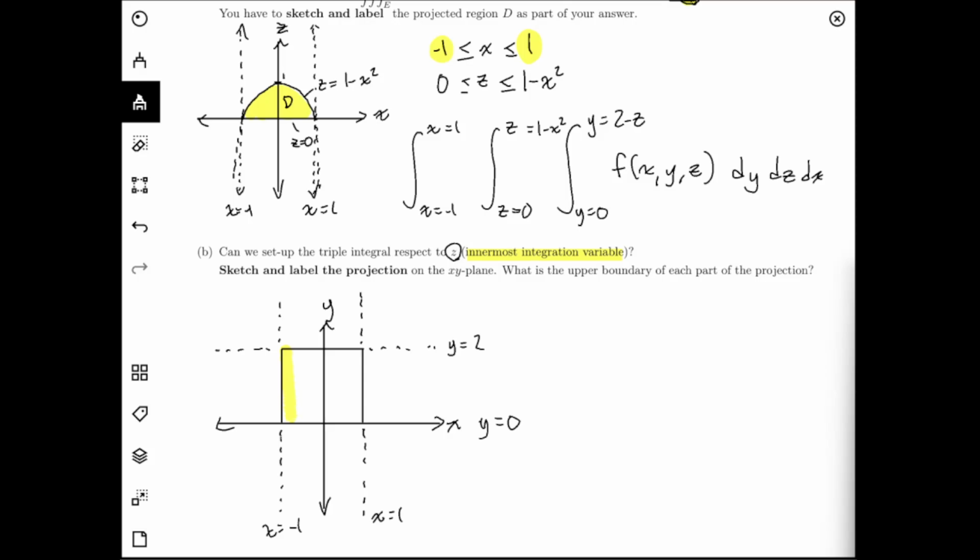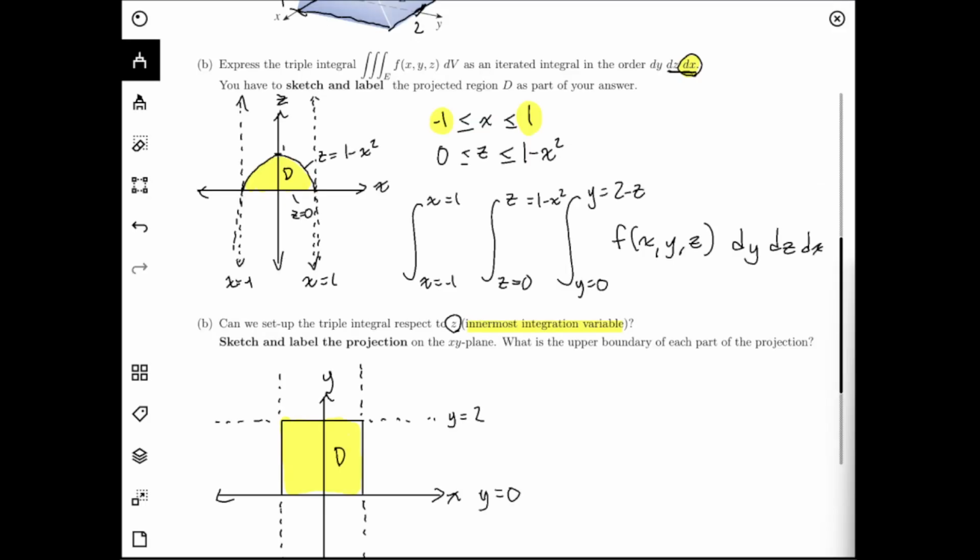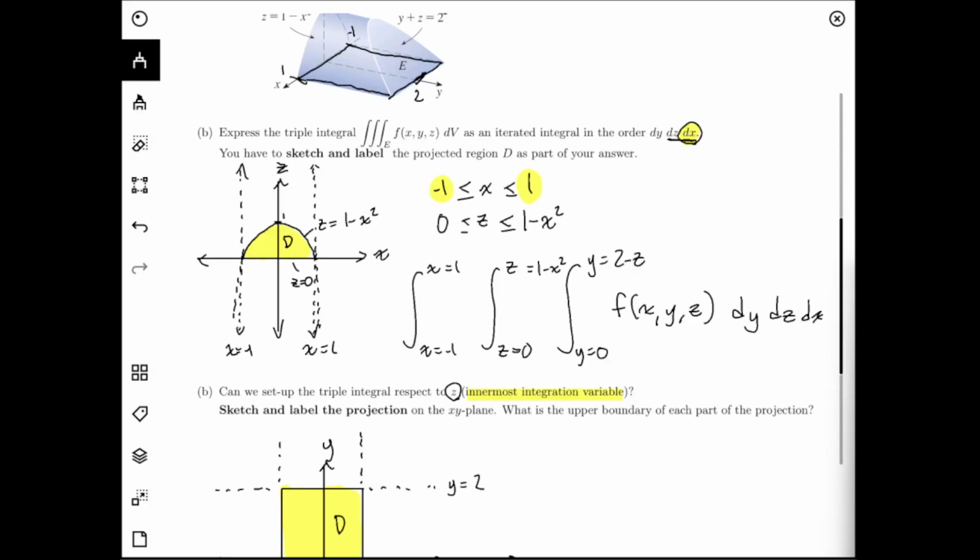Okay. And this area right here is our region D. Well, okay, so say that we figure this out. The problem is that once we use this projection and then we try to find upper and lower bounds for that projection, they're not consistent.